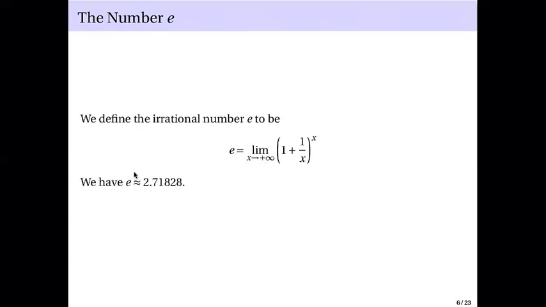But the point is, you now have a number denoted by the symbol E, and this E is very close to 2.71828. And this E is an irrational number, just like your number pi.